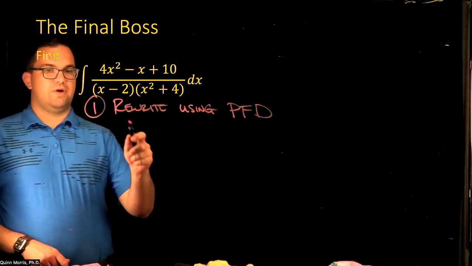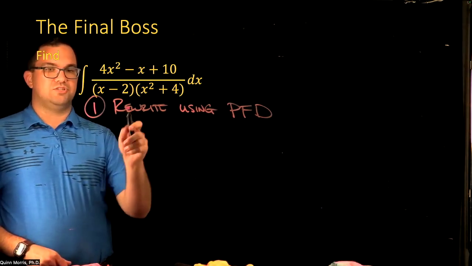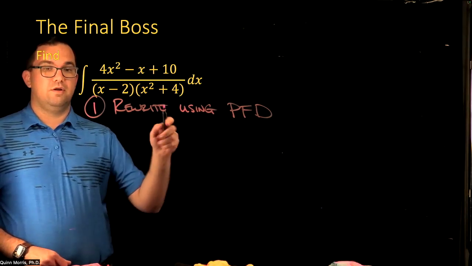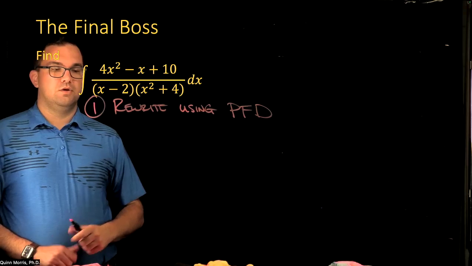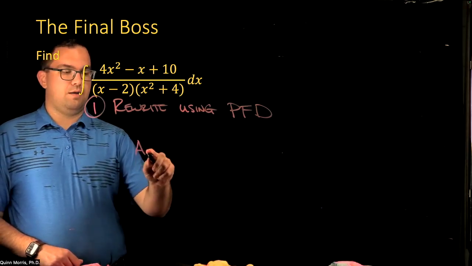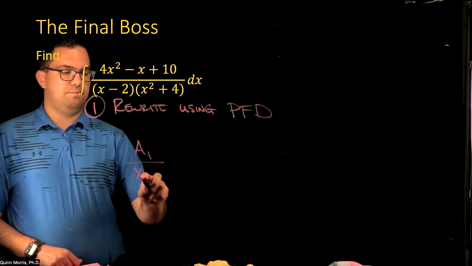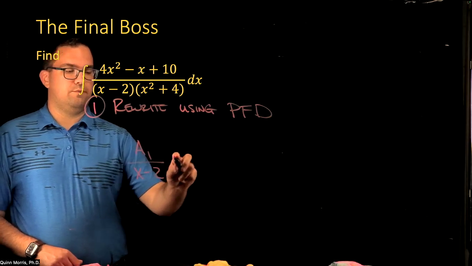In this case, if I look at my factors, I've got an x minus 2, a single linear factor, and an x squared plus 4, an irreducible quadratic factor. So I'm probably going to want to set this up in the following way.